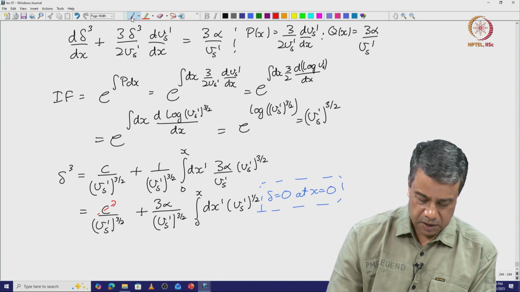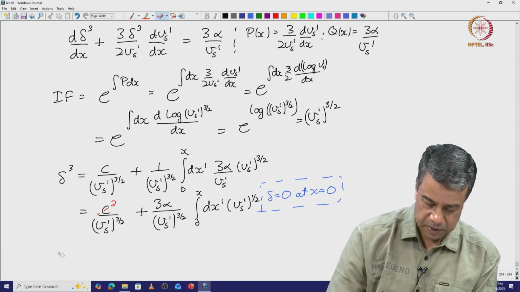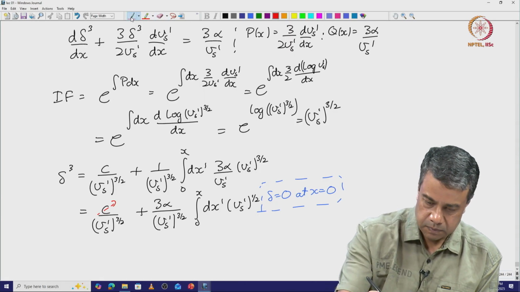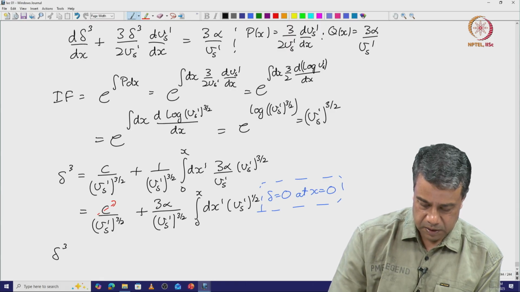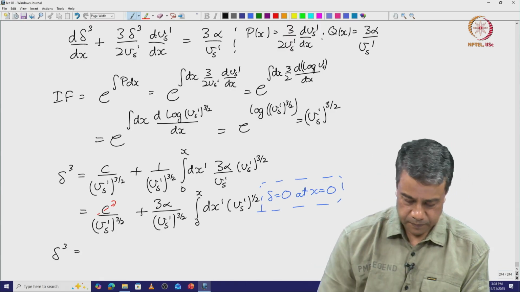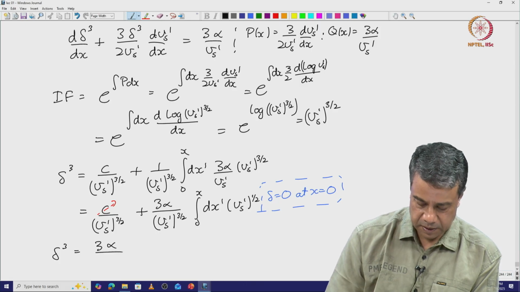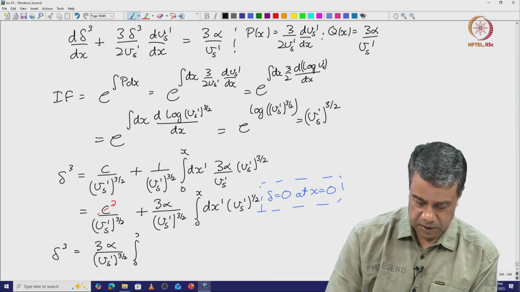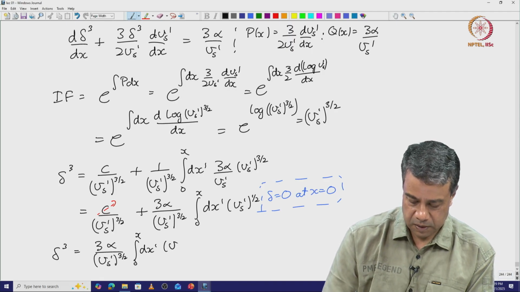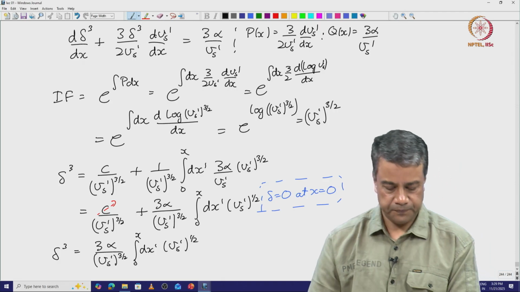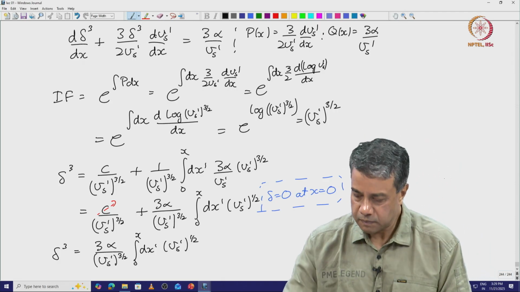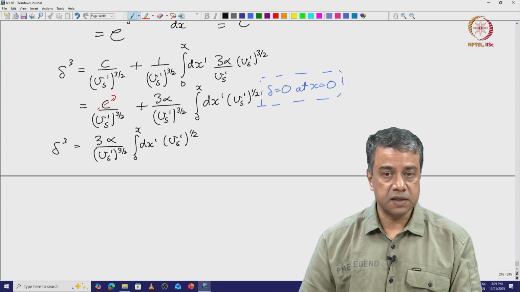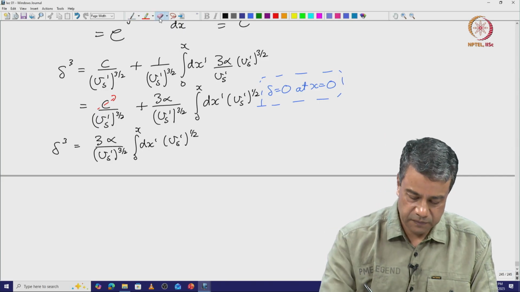And therefore, the boundary layer thickness is delta cubed is equal to 3 alpha by V s prime whole power 3 by 2 integral 0 to x dx prime into V s prime whole power half. So, that is the expression for the boundary layer thickness as a function of V s prime, which is a function of x.